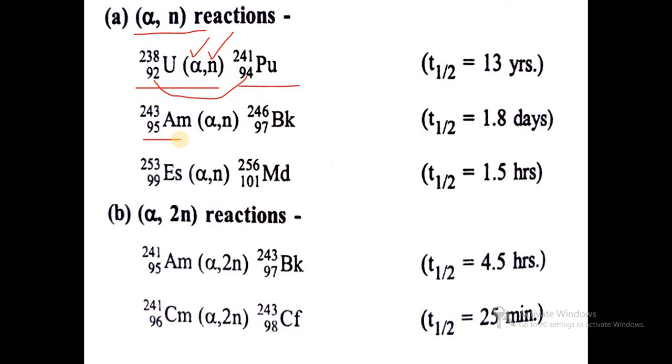Then americium 95 is converted into berkelium 97 by using this process. Then einsteinium into mendelevium. Then another type is alpha-2n reactions. Americium 95 is converted into berkelium 97-243. Similarly, curium 96-241 is converted into californium 98-243 by the alpha-2n reaction.